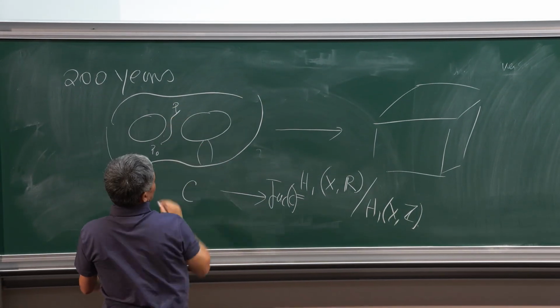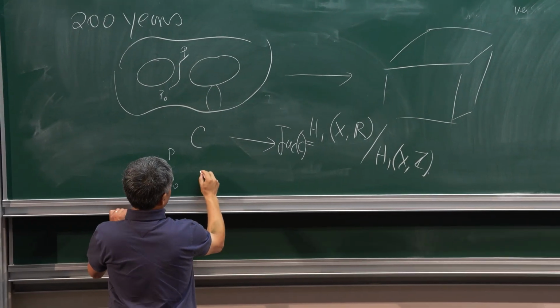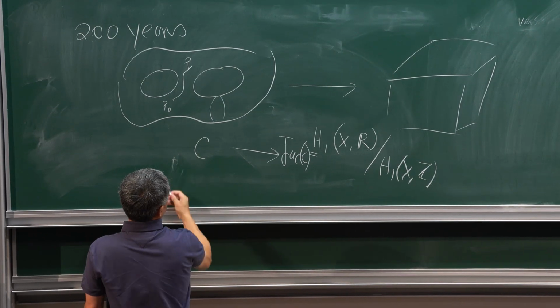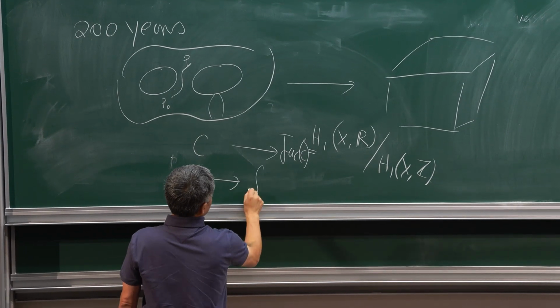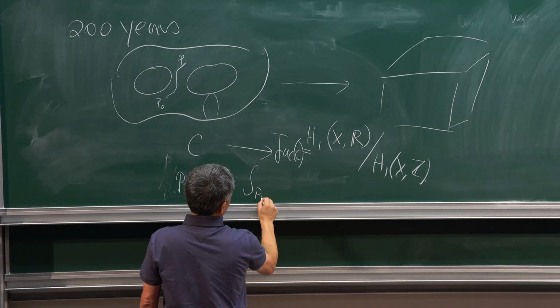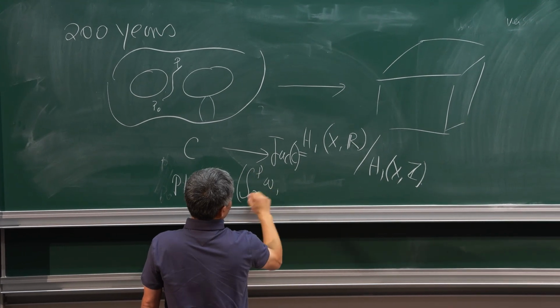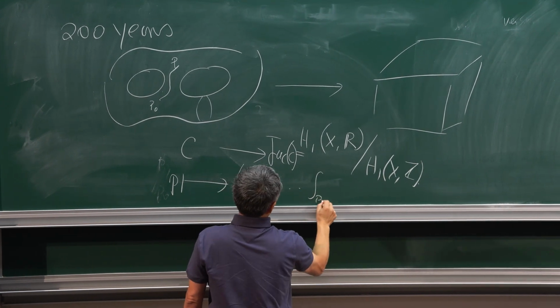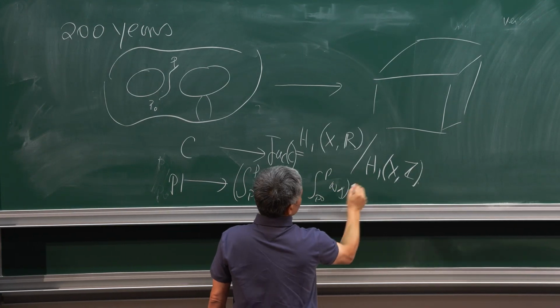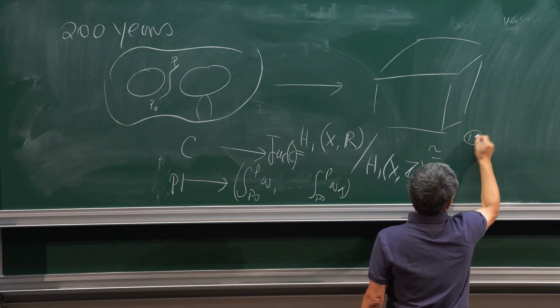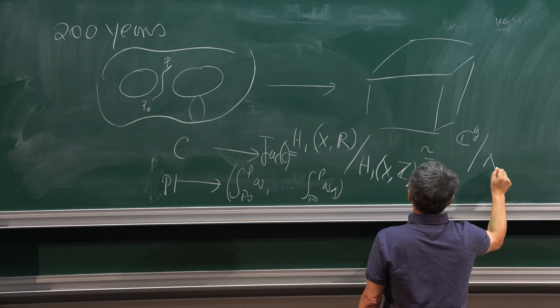You can pass to the integral, then integrate. Then P goes to the integration from P0 to P of omega 1, up to omega g. Yes, this is C to the g modulo the lattice.